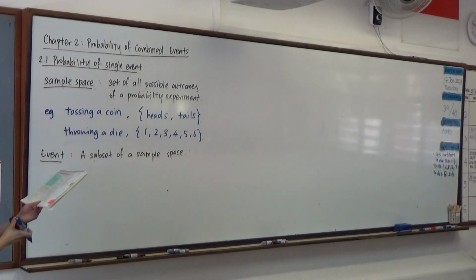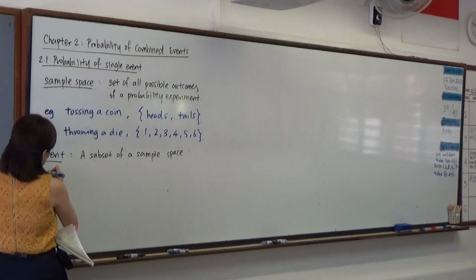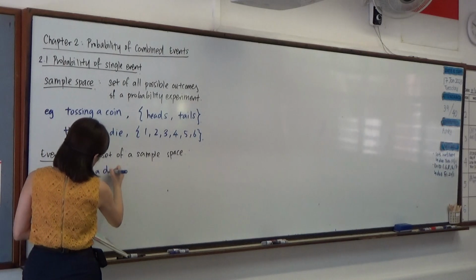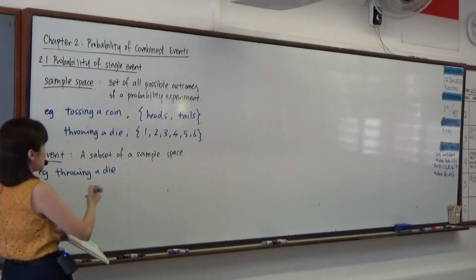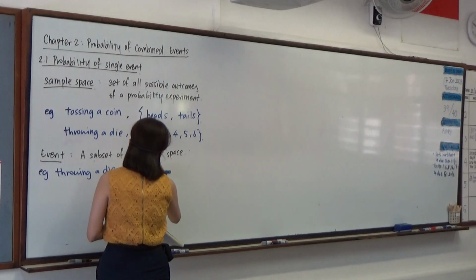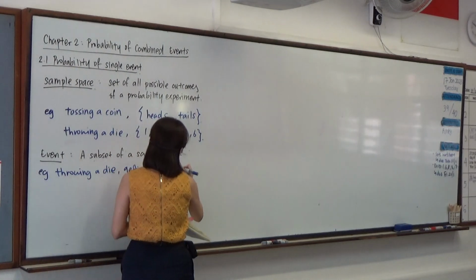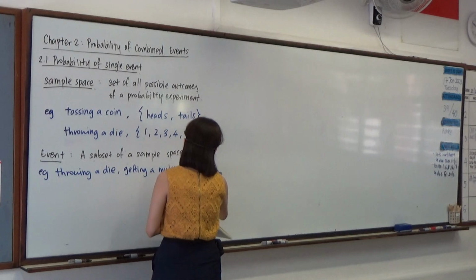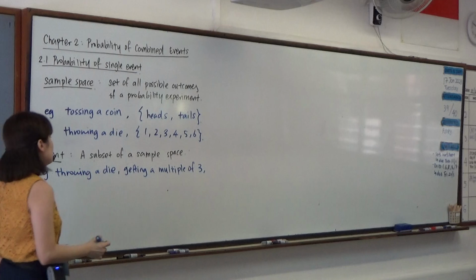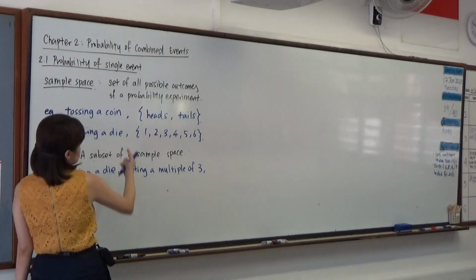So for example, an event like, in the probability experiment of throwing a die, getting a multiple of 3. Then the event itself is a subset of the sample space.